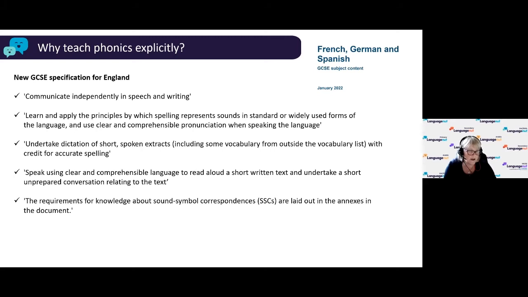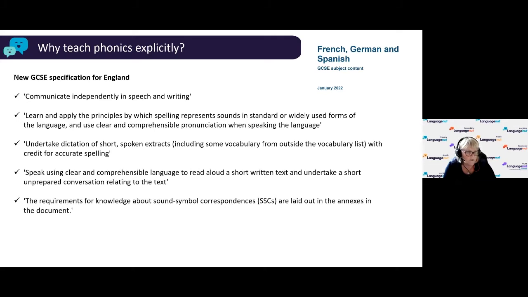You can see all the numbers there that they've included with the number of words that they have to do, but also they have to read aloud a short written text. And they have to be able to read that aloud, and then at the same time they're going to have to be able to answer some questions that you will ask them about the conversation.